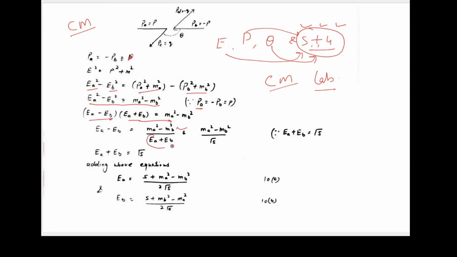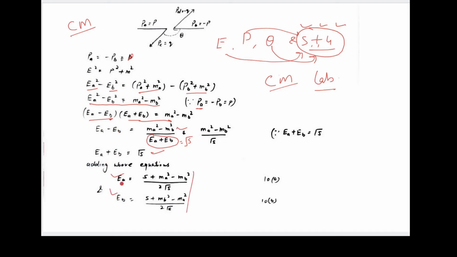Now we know EA plus EB is equal to root S. We substitute the value of EA plus EB, root S, and we write it here again. Now adding these two equations, we will get this. Subtracting these two equations, we will get this.